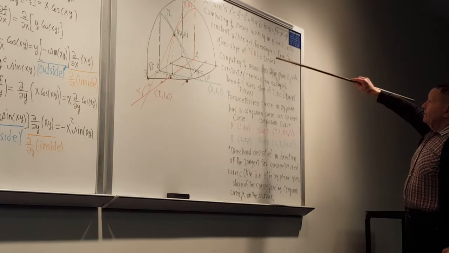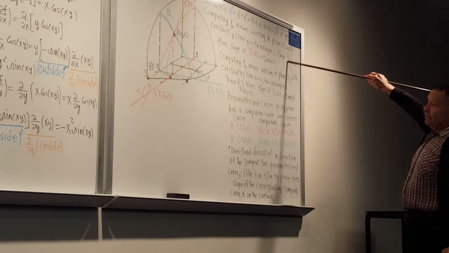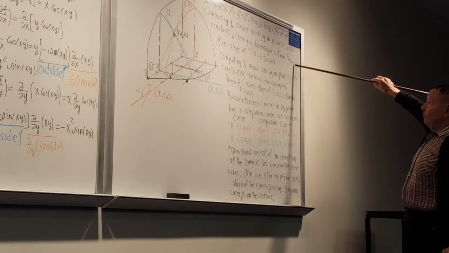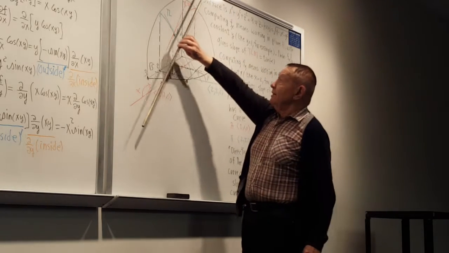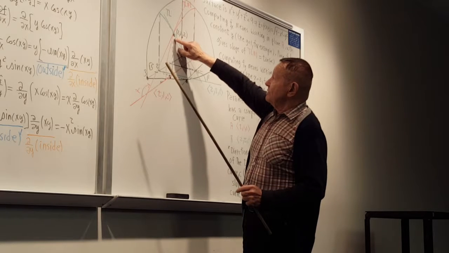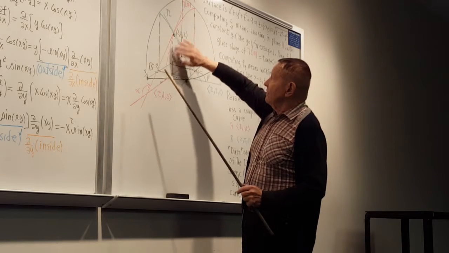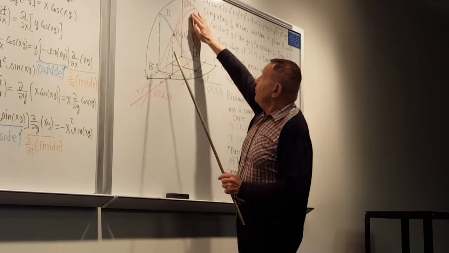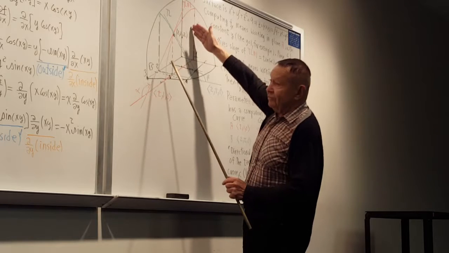So the value of your partial derivative with x at a point like that would give you the slope of the line that's tangent at this same point to the surface and to the curve that's formed on the surface by the intersection of this surface with this cutting plane.